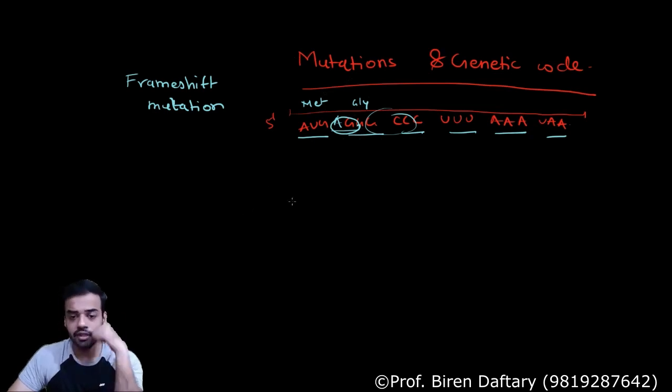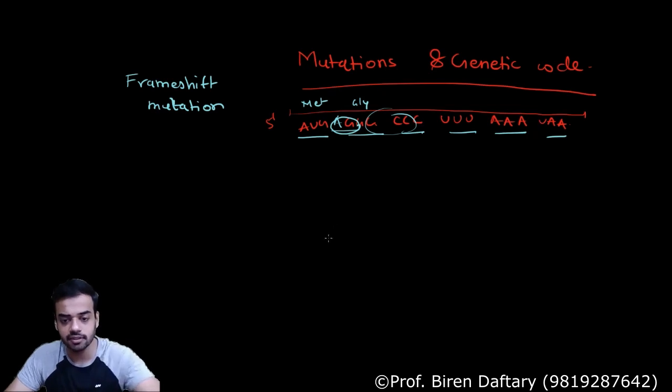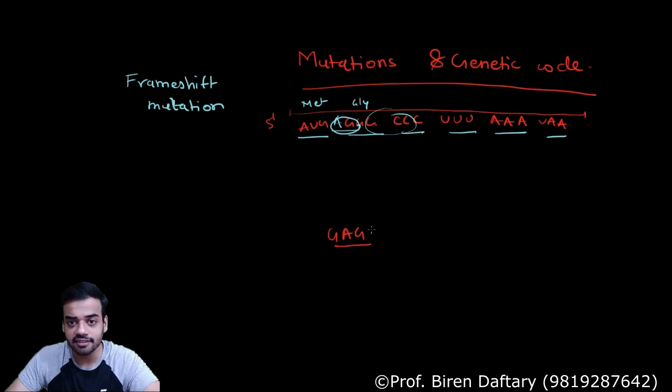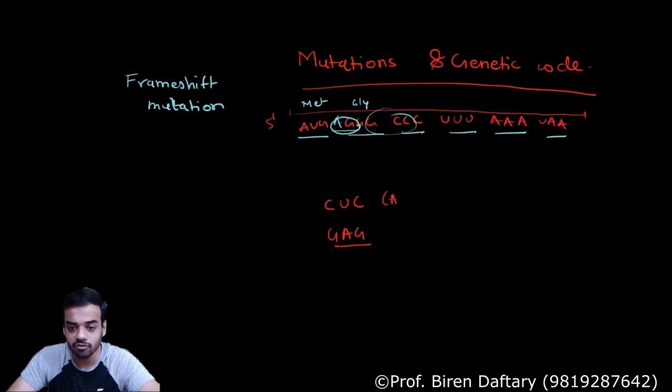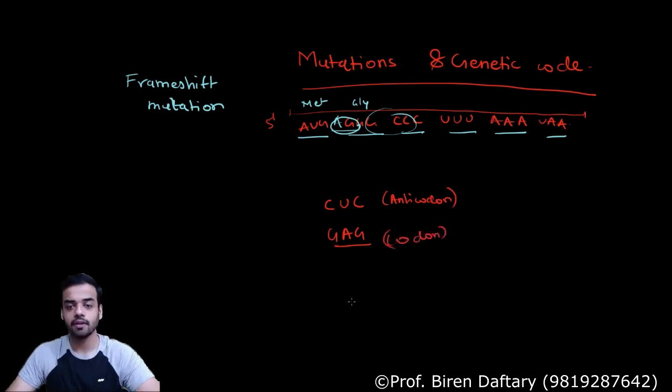Do you remember? Now if you don't know this, there is a sequence called GAG, this codon. This is the codon on the mRNA, correct? And this attaches to the tRNA, which is CUC. So this is the anticodon which is on the tRNA, and this is the codon, correct?